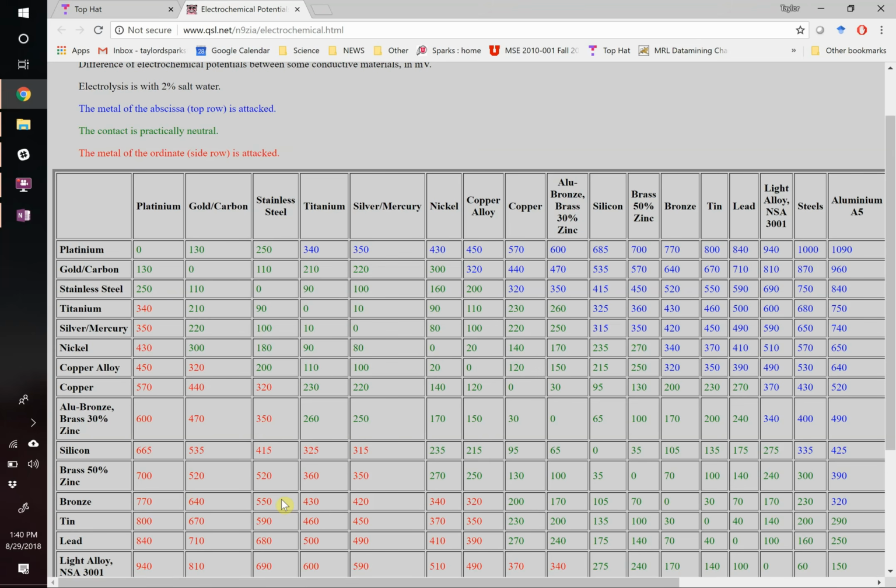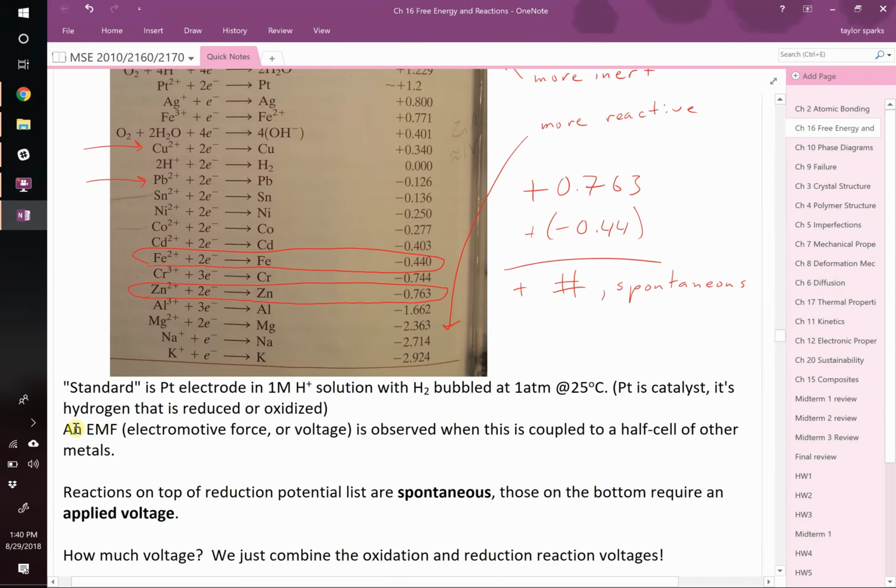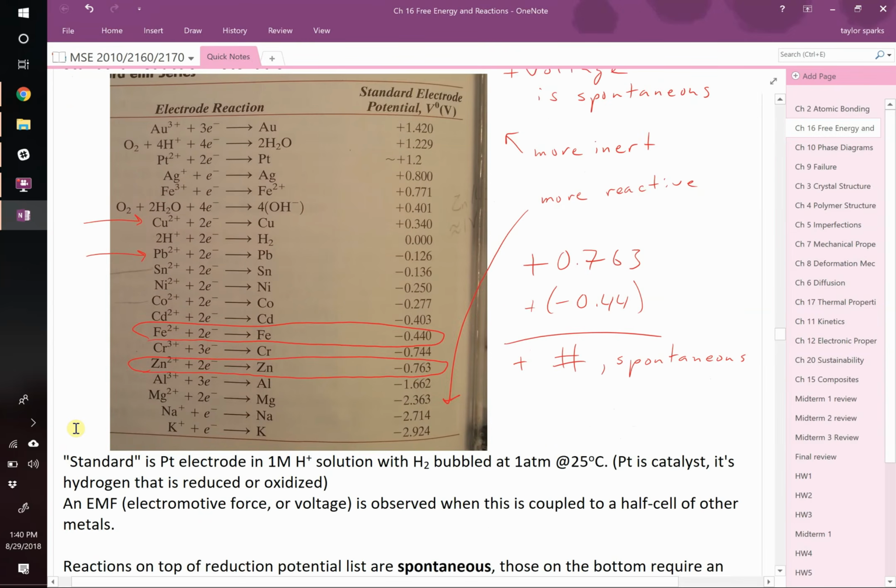Your tank's probably steel or something. But you put a sacrificial anode on there such that it gets corroded rather than the steel, right? So let's go back over here. If we go to our standard reduction table, steel is not listed, but there is iron. Let's say that steel behaves a little bit like iron. What material of the ones on this table would you use for a sacrificial anode?